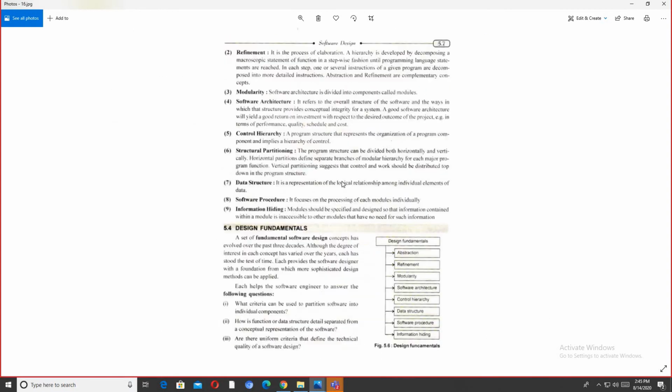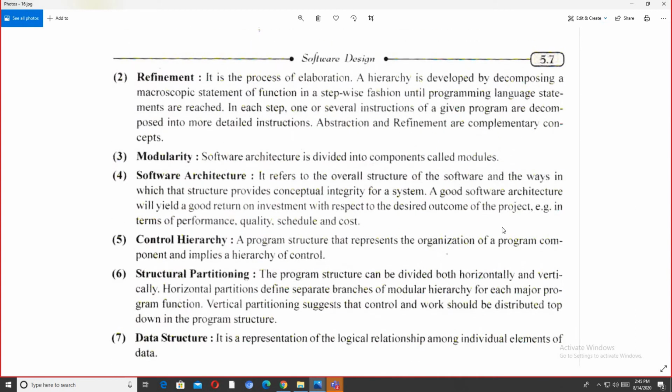Moving further, the second point is refinement. It is the process of elaboration. When you are elaborating your design, you are refining it. For example, if you are seeing Google Earth, first of all, when you open it, you will see a globe, and then you can zoom in to any city that you want to see from space.